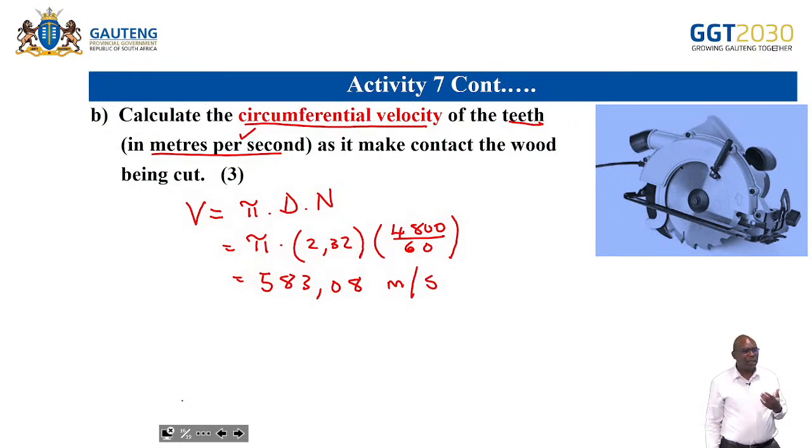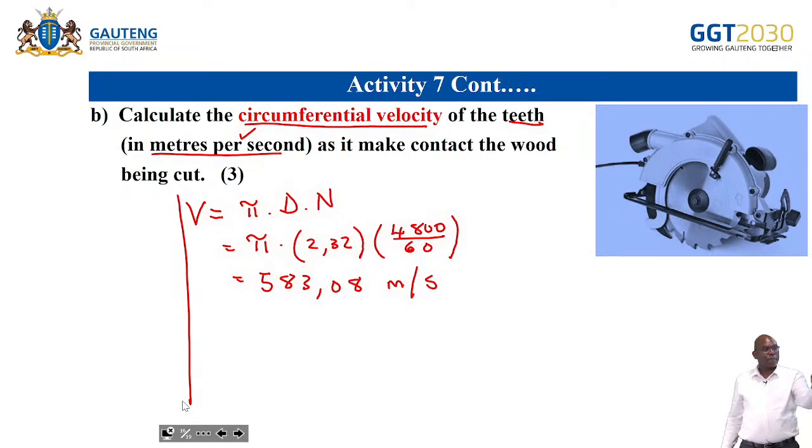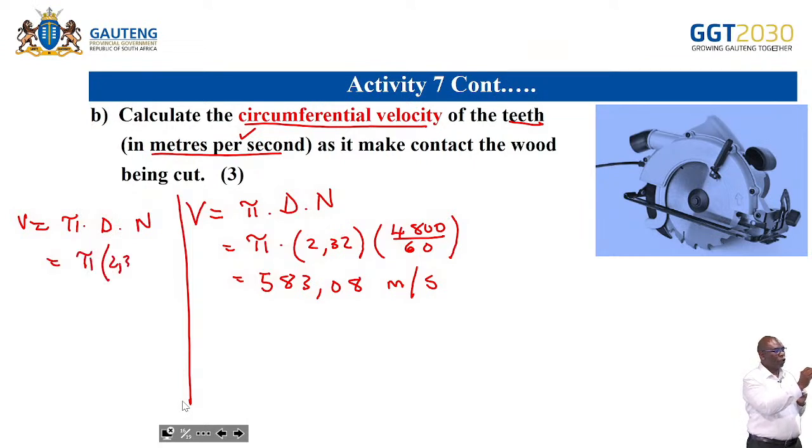What is another way of doing that? If I don't change this, and I put it as 4,800, I'll get my answer in meters per minute. After getting it as meters per minute, I can then divide everything there by 60. So I can have my formula like that, pi d times n, with my d as 2.32 and 4,800 here.